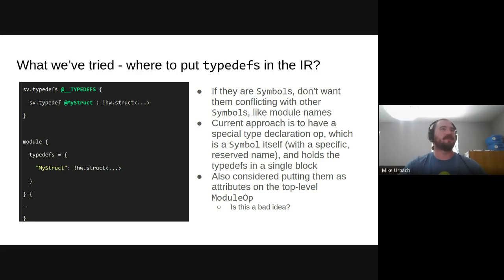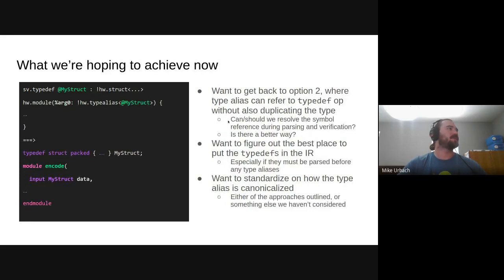Yeah, I think so. I guess this slide has it, because that's really one of the things we were discussing last week, when we were saying, all right, let's take this to the broader group and see what they think. When you're parsing the type, and you've got the symbol and you're ready to go figure something out, I want to get the canonical structural type so I can run my op verifier.